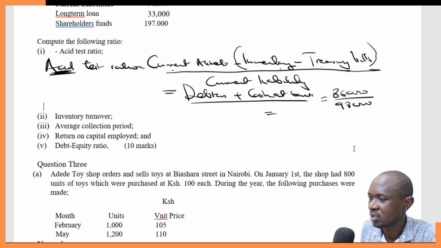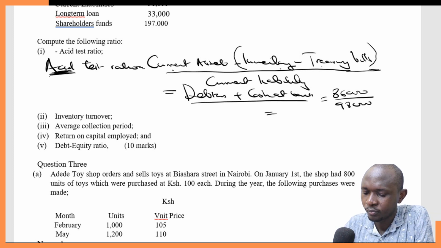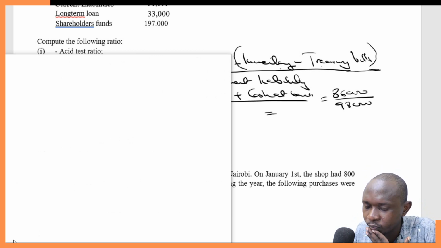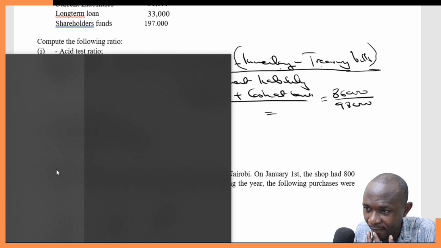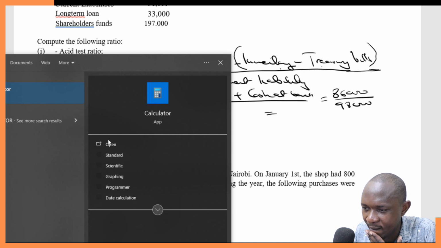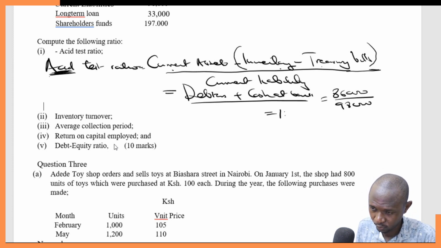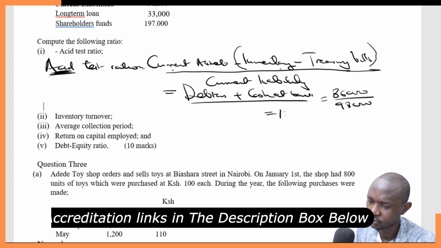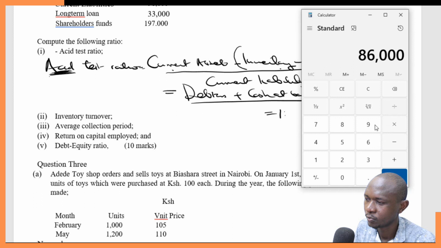It's normally a ratio, so use the calculator. 86,000 divided by 98,000, you get 0.88.